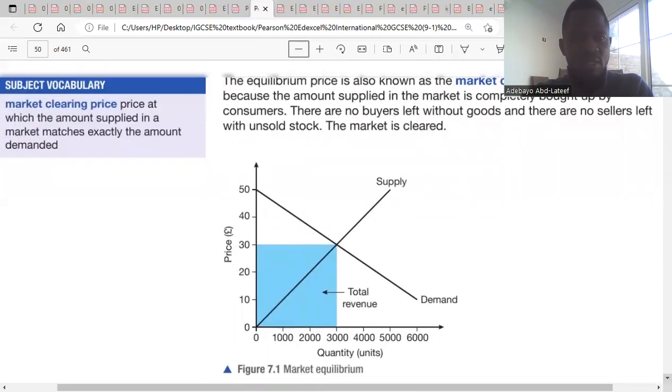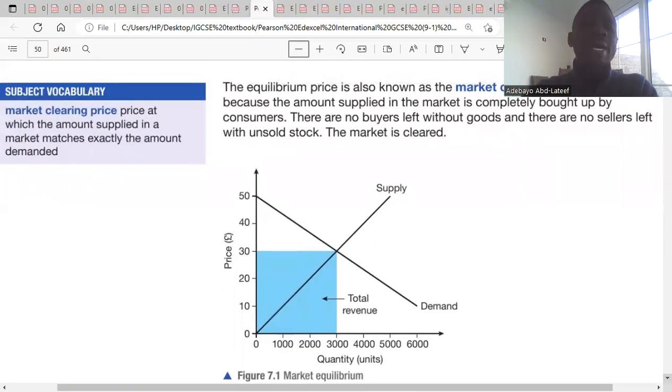I think it's clear. So we have what we call the market clearing price. When we talk about the market clearing price, it means at this point in time, the market is clear. The quantity demanded is equal to the quantity supplied. It is assumed that both buyers and sellers have agreed to buy and sell goods in the market.